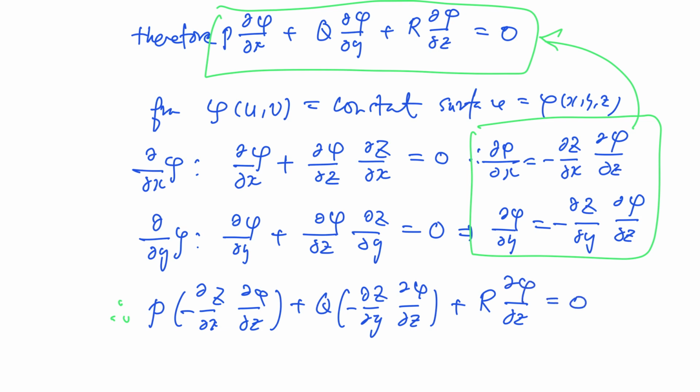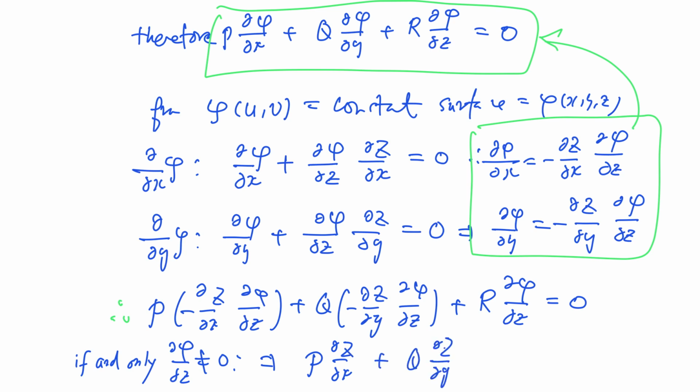So only if it's non-zero, we can divide from both sides, right? So we have P ∂z/∂x plus Q ∂z/∂y is equal to R. That's the original equation, right?